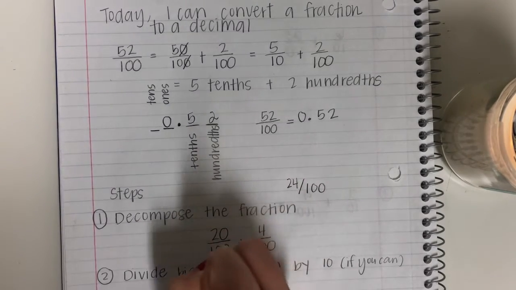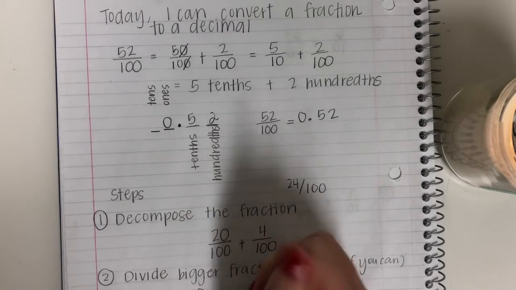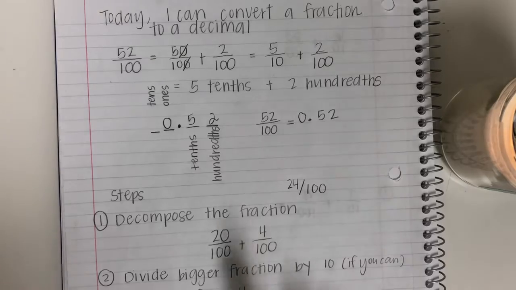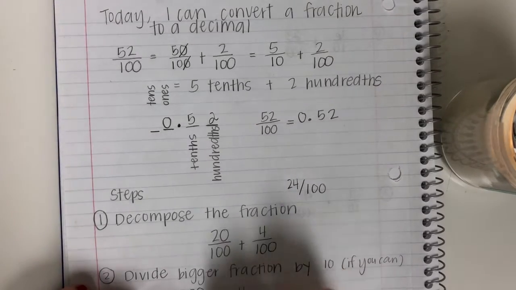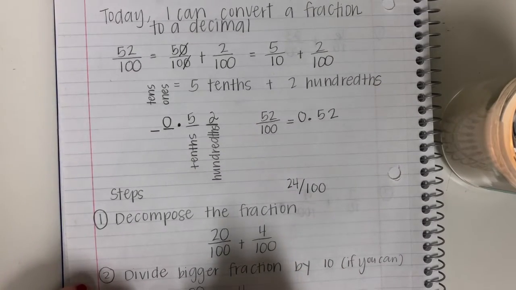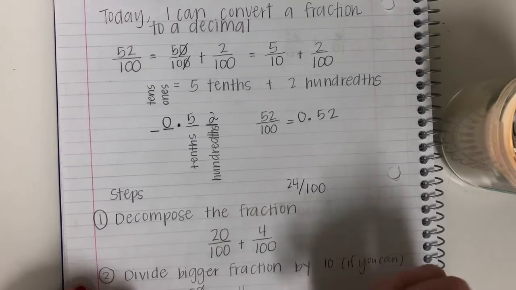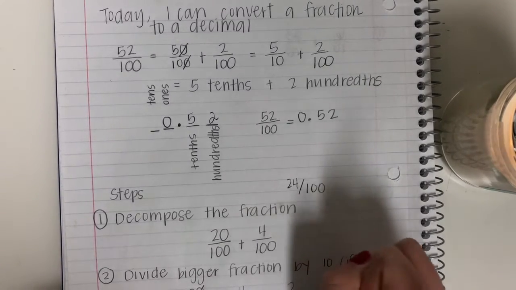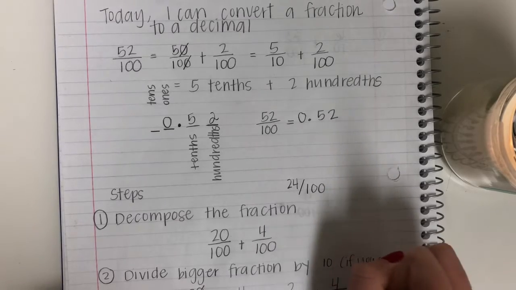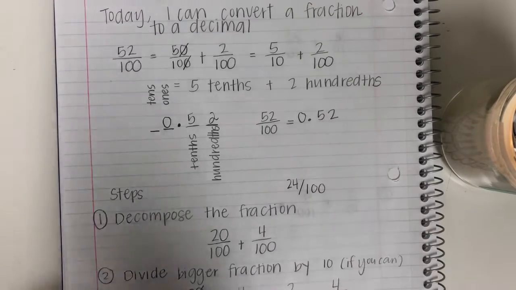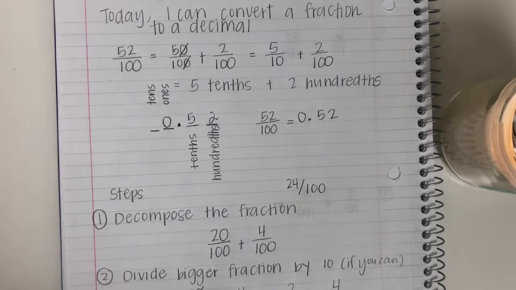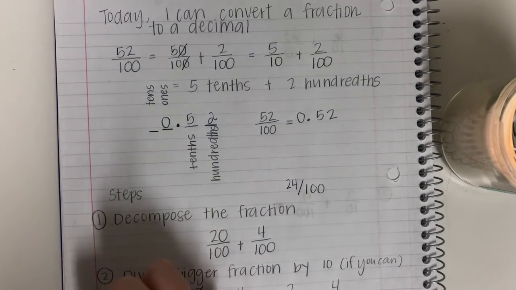So I can take 20 over 100 plus 4 over 100. I can't divide by 10 here, but I can divide by 10 here. So dividing by 10 would just cross off each 0. So now I have 2 tenths plus 4 hundredths, right?